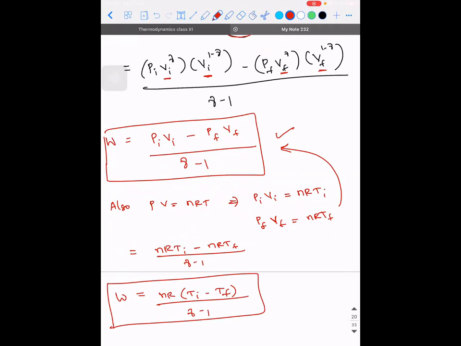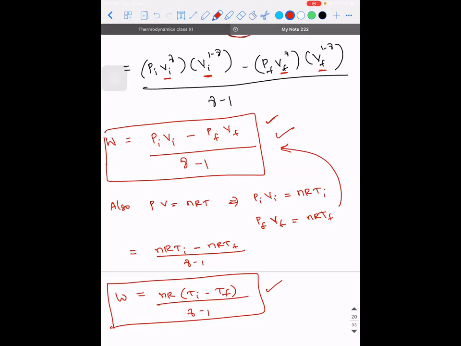Both will give you the same answer. Suppose there is a question in which they have given you pressure, volume and gamma, then you can use the first formula. Suppose in a question they have given you gamma and the temperatures, then you can use the second formula. Is it clear?